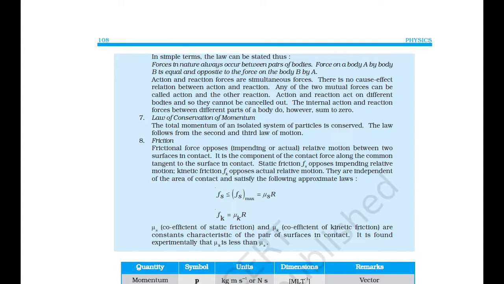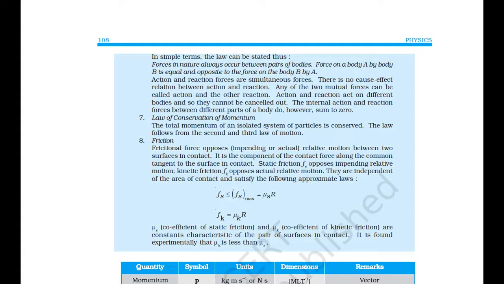Then we discussed friction. Frictional force opposes relative motion between two surfaces in contact. It is the component of the contact force along the common tangent to the surfaces in contact. Static friction f_s opposes impending relative motion. Kinetic friction f_k opposes actual relative motion.